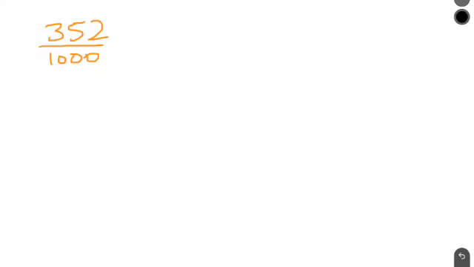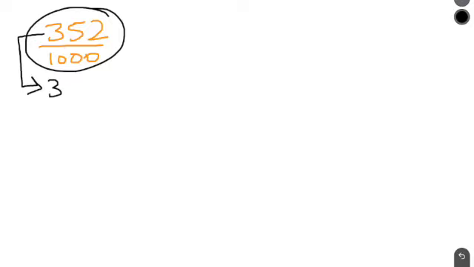Sometimes we may have a special case where we're trying to simplify a big fraction that looks like this. We can apply the procedure that we talked about earlier in finding our greatest common factor, and that is if we listed out each of the factors for both the 352 and the 1000.